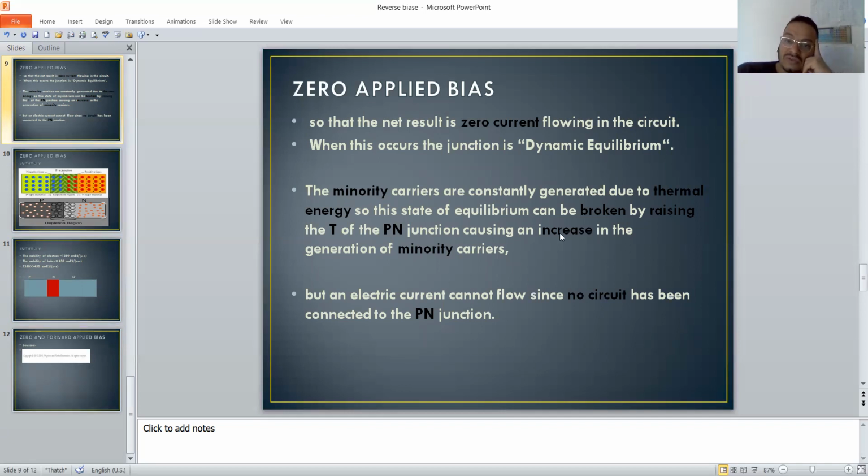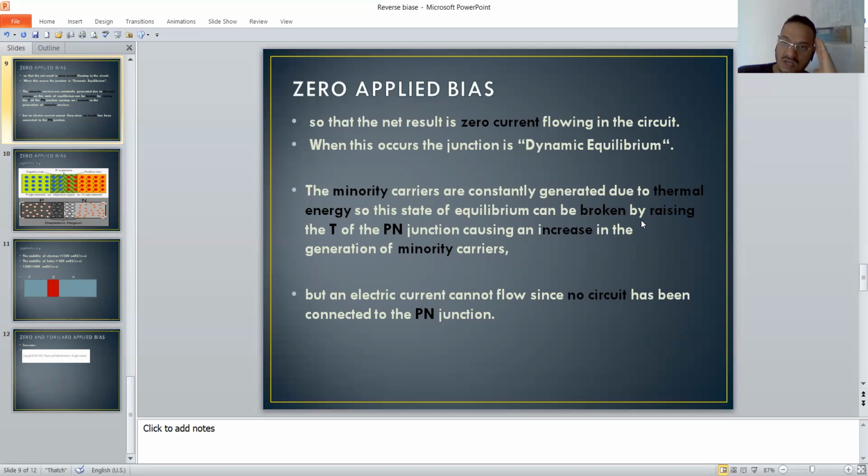Here the equilibrium conditions can be broken. How and why? How can we stop dealing with the equilibrium condition? By raising the temperature of the PN junction. Why? Because the generation of minority carriers will increase.